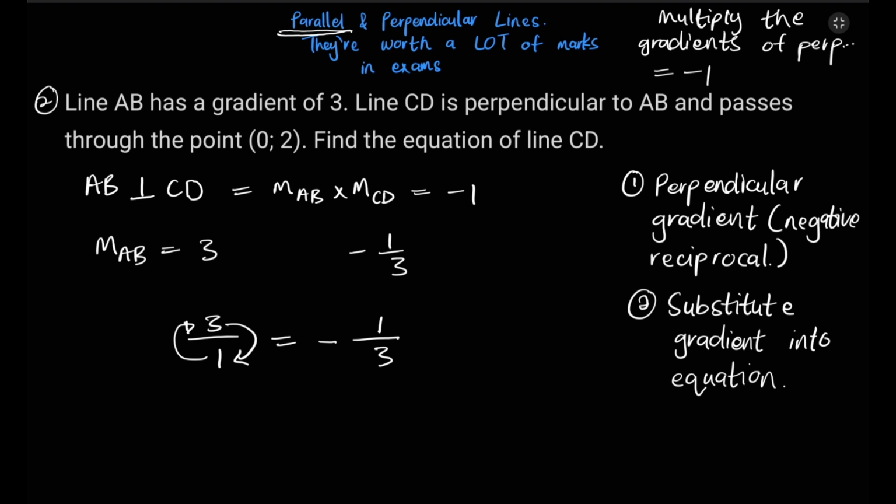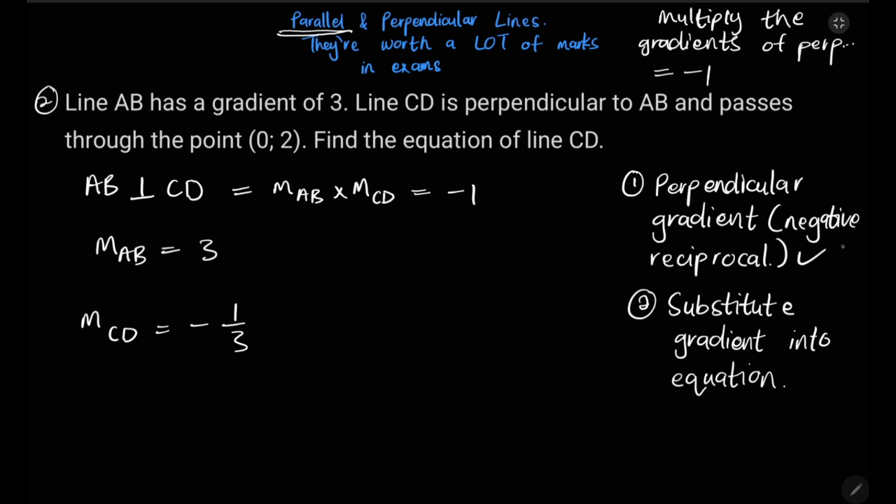But again, when you have the gradient of one line, the other gradient is the negative reciprocal. So remember those two things. I'll mention this at the end of the video. So we now have our gradient for line CD: the gradient of CD is equal to negative 1 over 3. Okay, we're done with the first step.